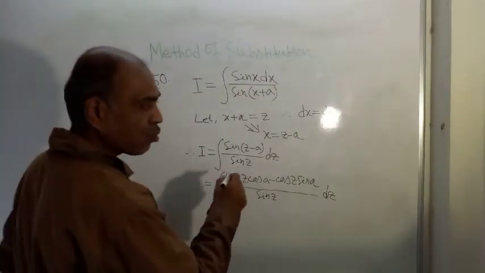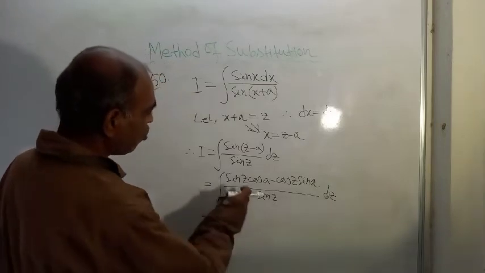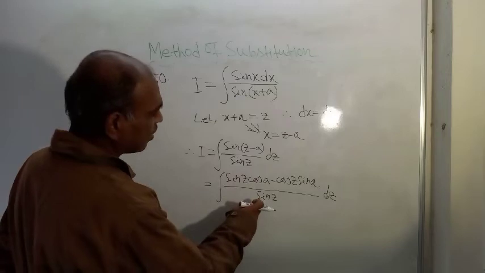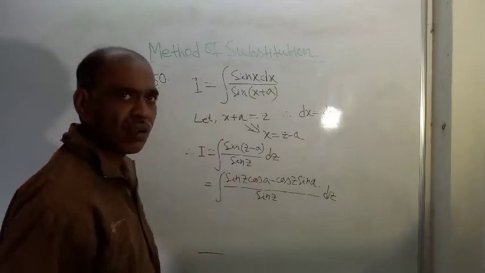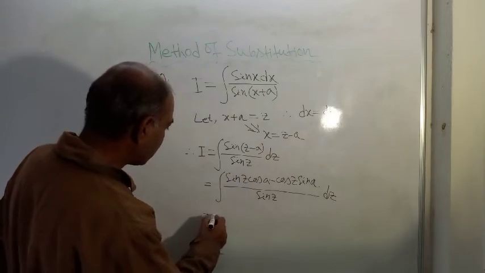Now this a is a constant, x is the variable, but small a is the constant. So sin z cos a by sin z, that means sin z and sin z cancel, and the only remaining thing is cos a. And cos a is a constant, so that can be taken outside the integral sign.